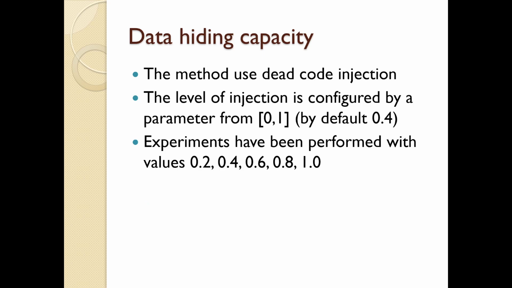In our method, we use dead code injection, and this dead code injection can be configured. The level of that injection is configured by a parameter from 0 to 1. The default value is 0.4, and we evaluated 5 values from 0.2 to 1.0.